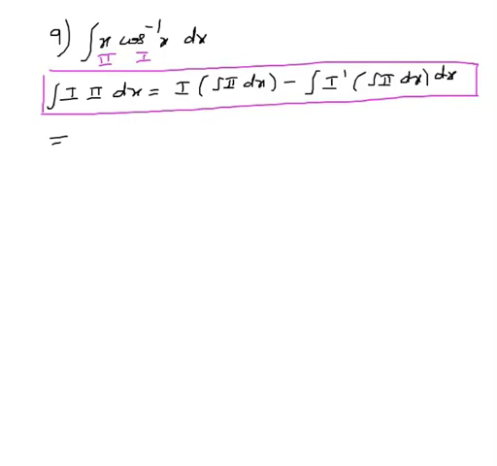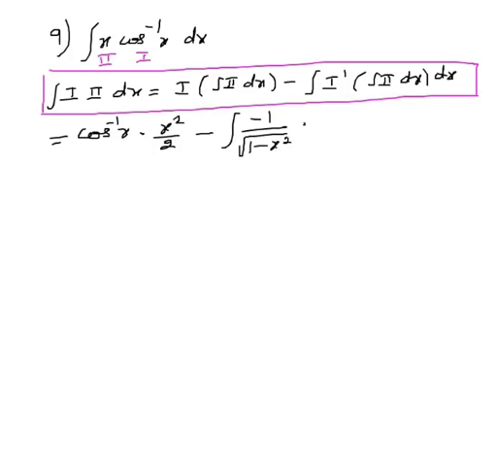Apply this formula. First function is cos inverse of x into integral of the second function. Integral of x is x square divided by 2 minus integral. Differential of cos inverse is minus 1 by root of 1 minus x square.